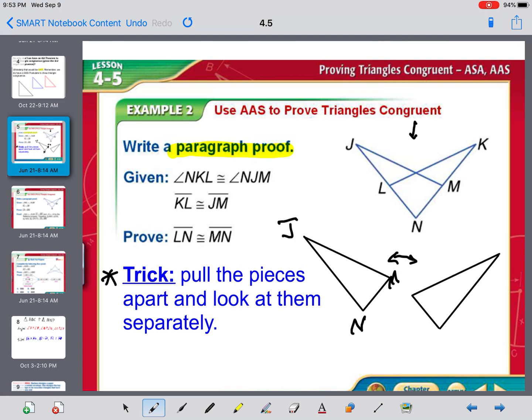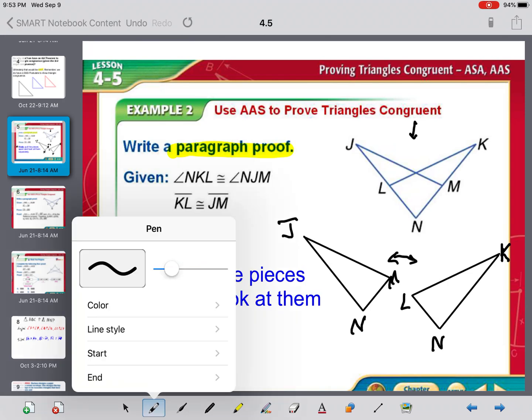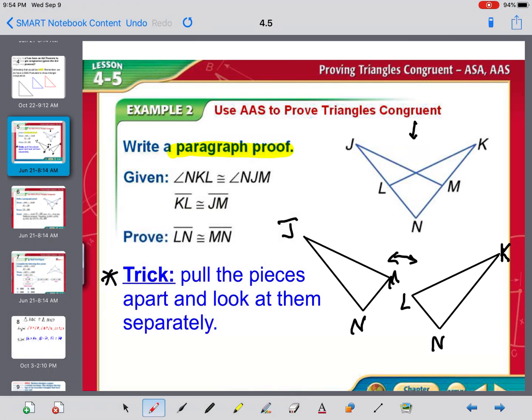So you see this pulled apart creates these two triangles. And so this is N, this is J, and this is M. This is L, this is N, and this is K. Hopefully you can see that.